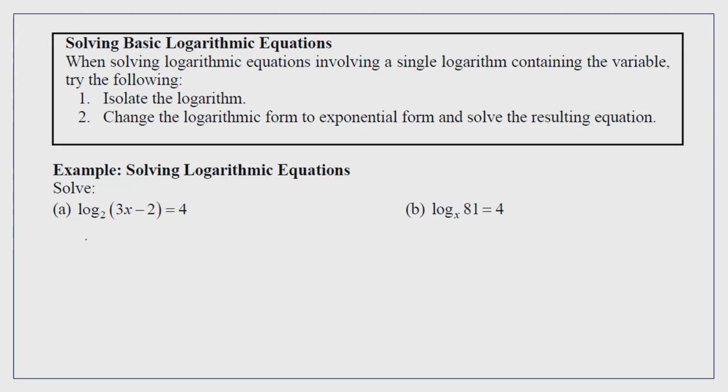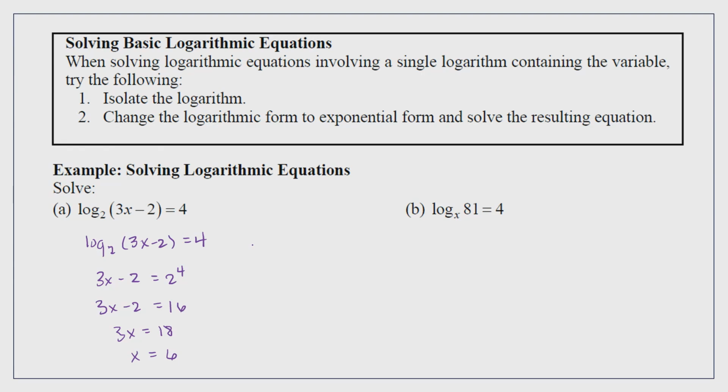Okay, so log base 2 of (3x minus 2) equals 4, written as an exponential statement, will be 3x minus 2 equals 2 to the 4th. Simplifying, 2 to the 4th is 16. Solving for x, I'll get 3x equals 18 by adding 2 to both sides. Dividing by 3, I get x equals 6. Okay.